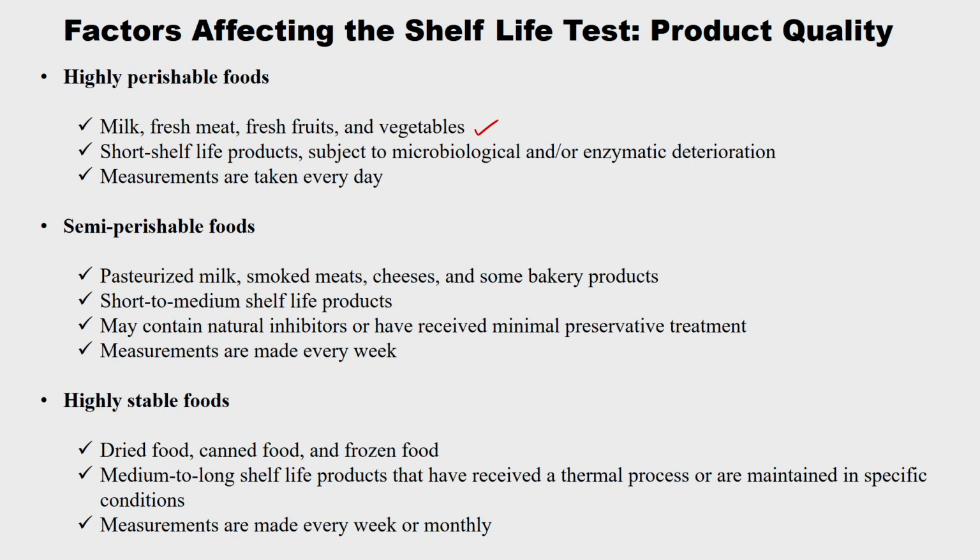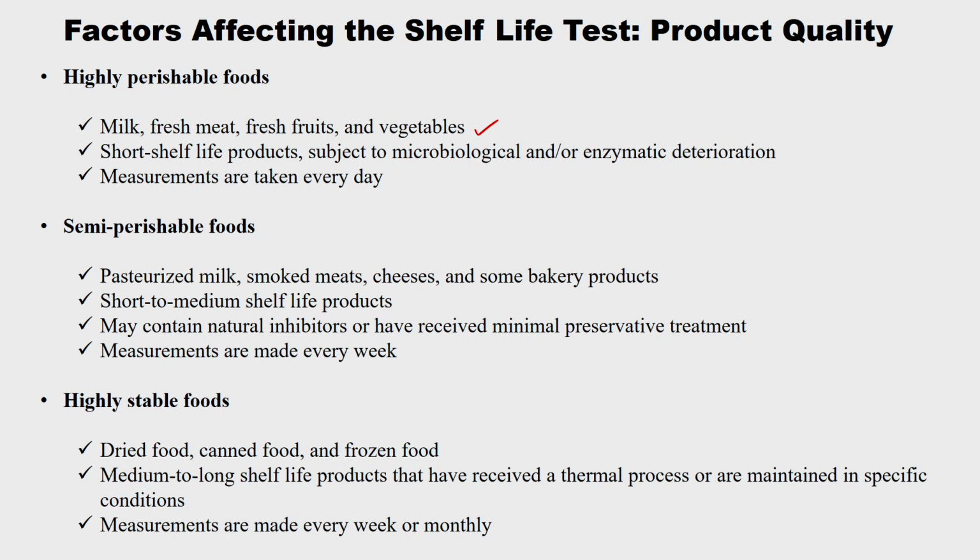shelf life test. The second one is semi perishable food. Pasteurized milk, smoked meats, cheeses and some bakery products all come under the category of semi perishable foods, and they are short to medium shelf life products and may contain natural inhibitors or have received minimal preservative treatment.